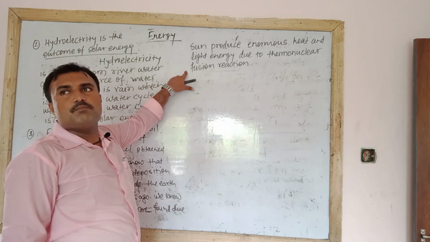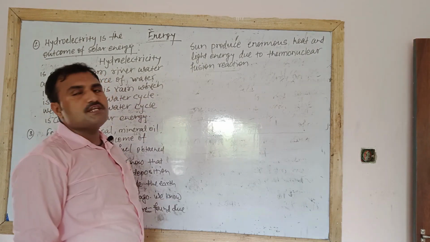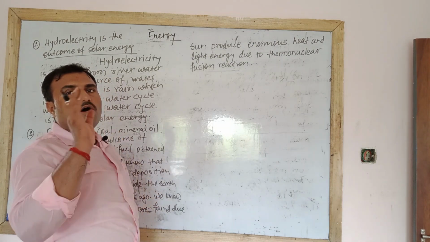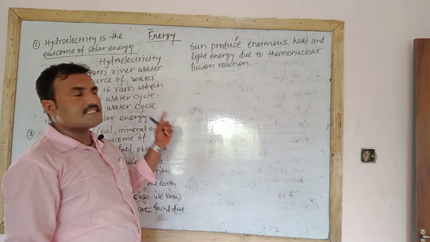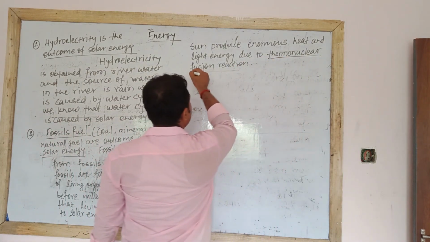So what is the main source of energy on the sun? The main source of energy on the sun or a star is thermonuclear fusion reaction.